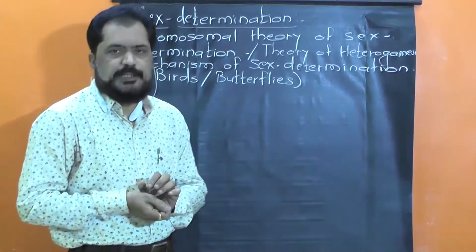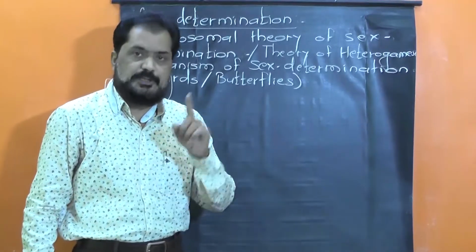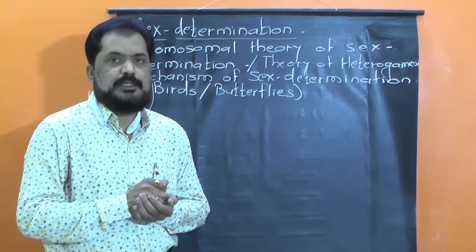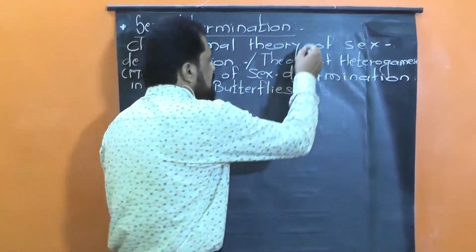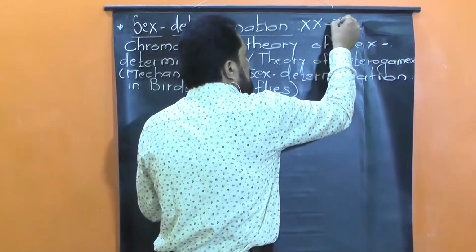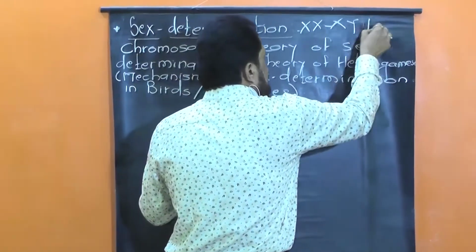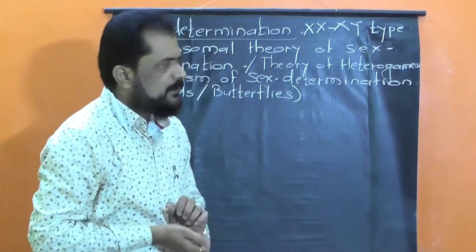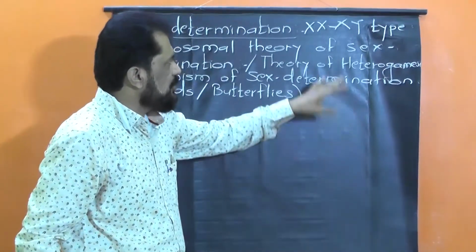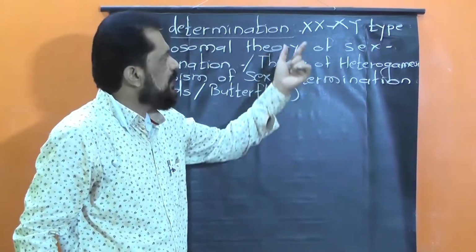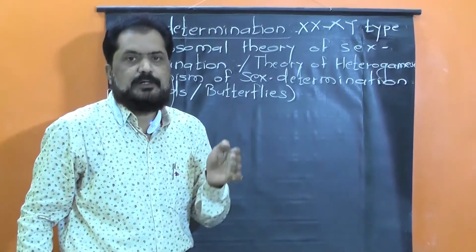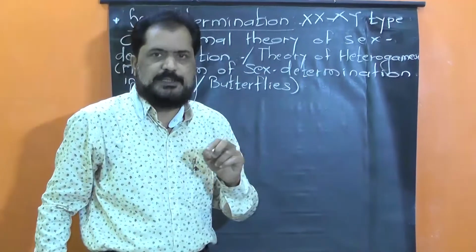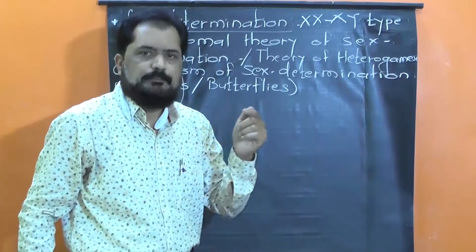Just now we have studied the mechanism of sex determination in human beings, and that method is known as XX-XY type of sex determination. Here XX represents the sex chromosomes of female and XY represents the sex chromosomes of male.